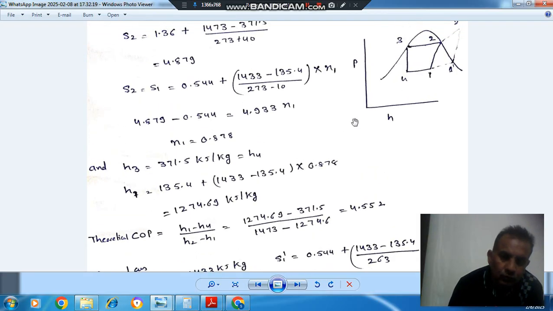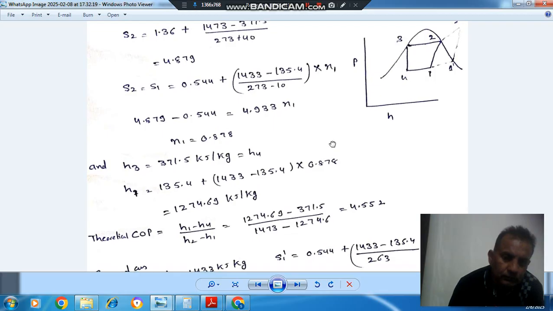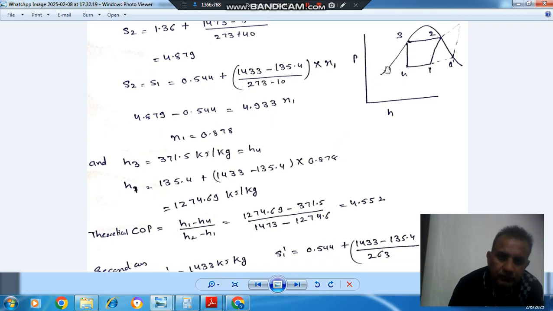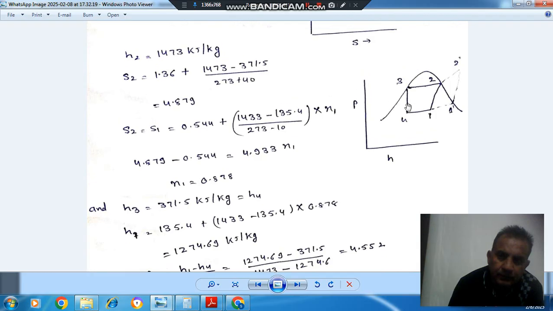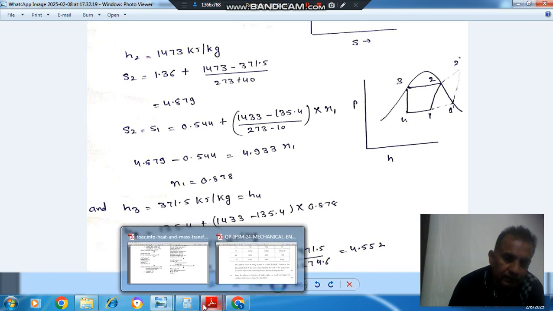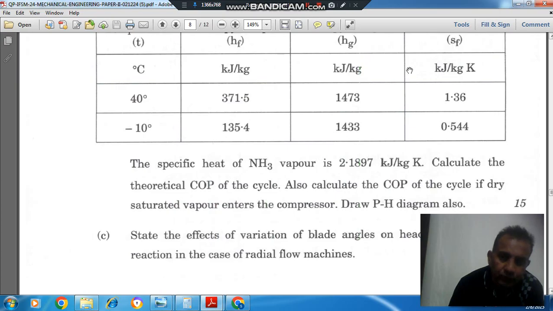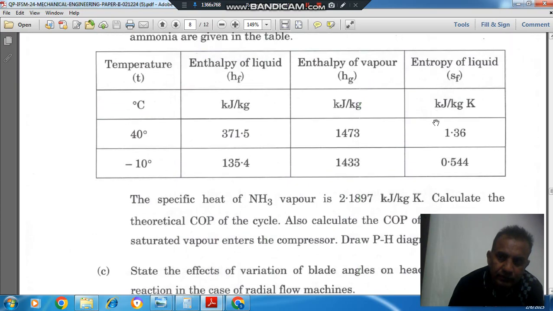Okay. Don't try to calculate the theoretical COP by assuming it as Carnot cycle. Because here data for entropy is given as saturated liquid, not for vapor. For vapor we can calculate by changing enthalpy divided by temperature.